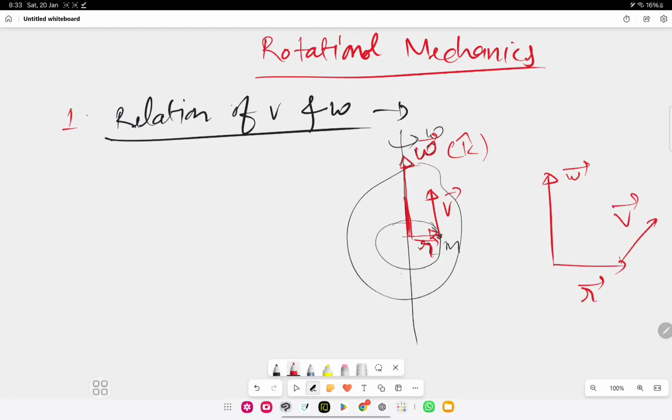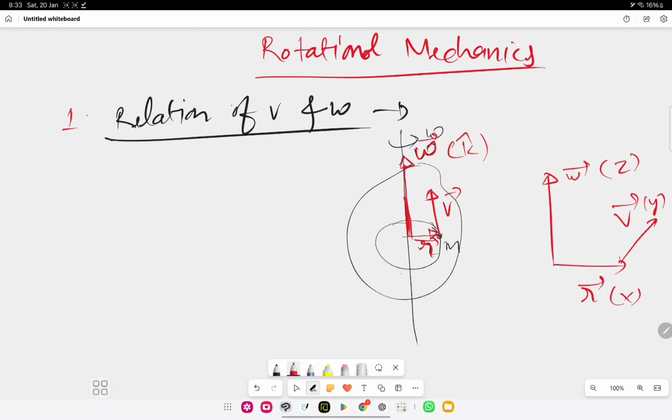So velocity is like this. Basically v is along the y axis, r is along the x axis, and omega is along the z axis. So if you do omega cross r, what will come? Put the four fingers of your right hand along the first vector of the cross product, which is omega. If you do omega cross r, it will equal v.